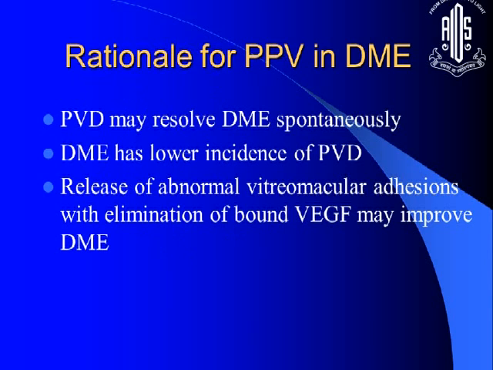How this whole business of partial vitrectomy for DME came: I think there have been a lot of studies that PVD may resolve DME spontaneously, and a lower incidence of DME is always seen in PVD. We also find many of these cases having vitreoretinal adhesions and incomplete PVD.